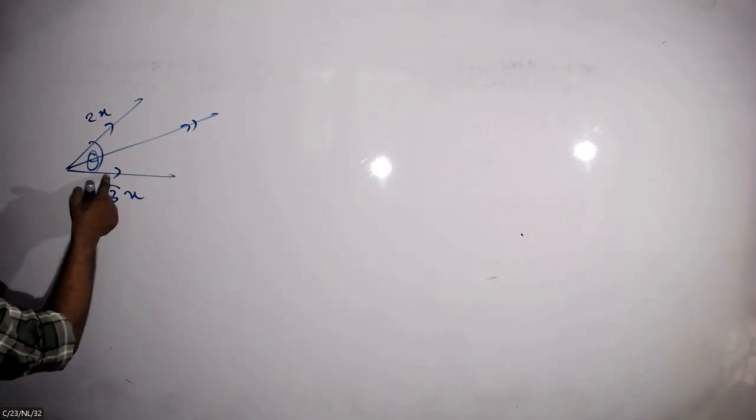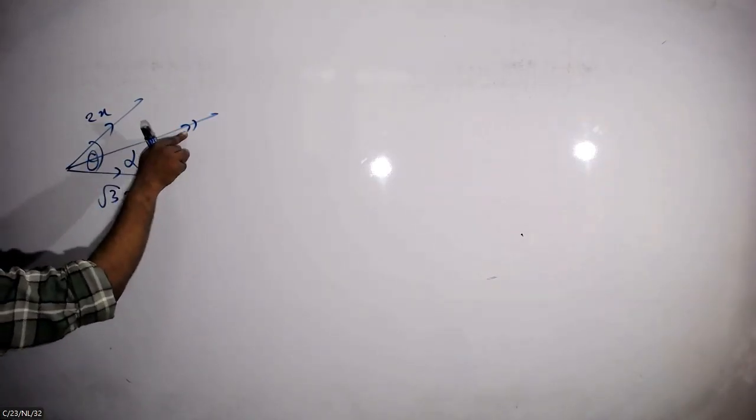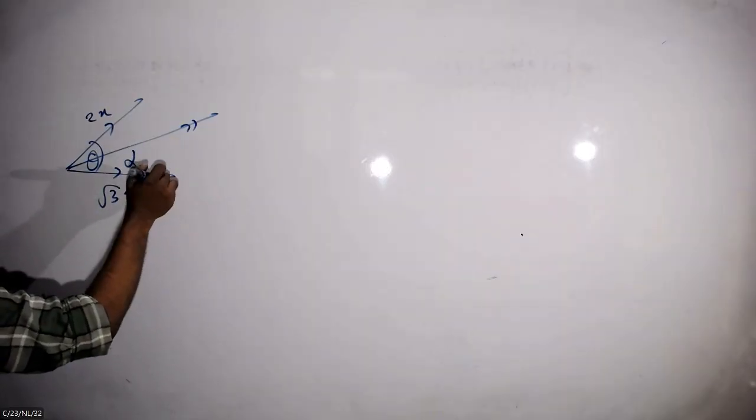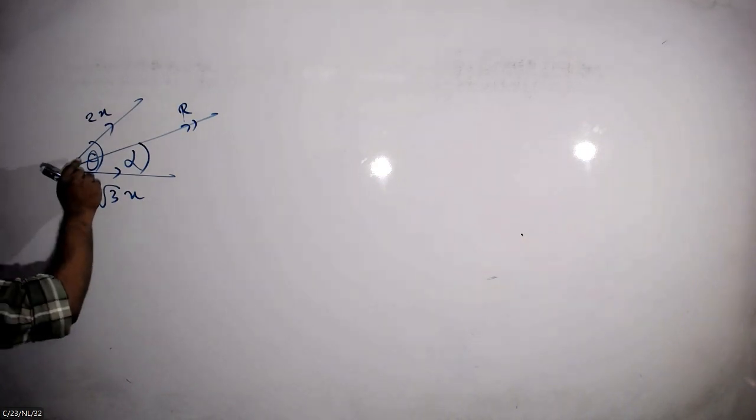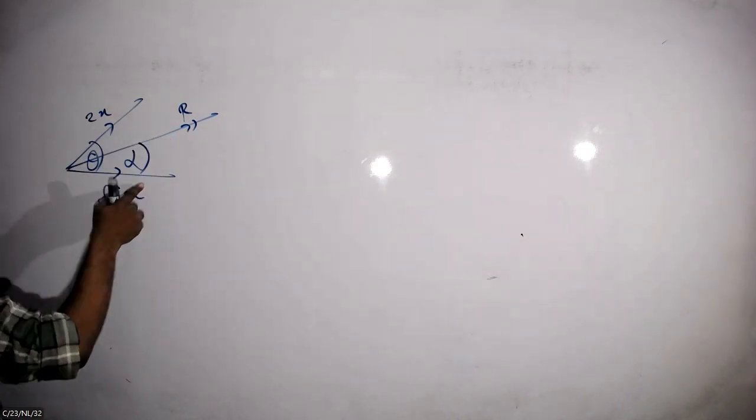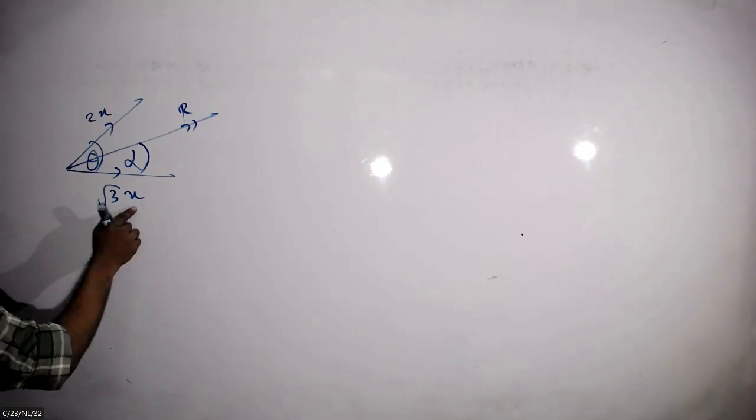Angle between the two vectors is theta. Angle between the resultant and this horizontal vector is alpha. If the resultant of the two vectors is perpendicular to the root 3x vector, what should be the angle between them? You need to find the angle between the two vectors if the resultant is perpendicular to root 3x.